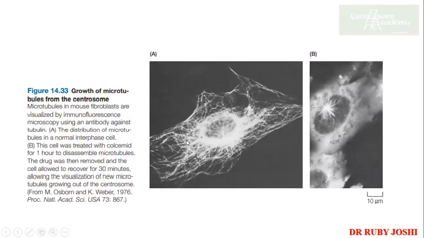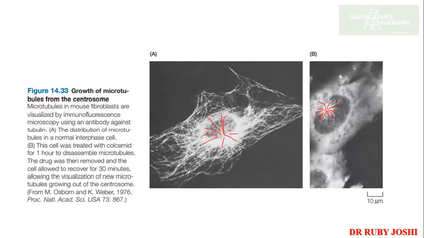Now here, if you see in this figure, this is a normal case where the microtubules are distributed throughout. So these lines, these are your microtubules. Whereas in this case, the cell is treated with colcemid. So here you don't see any extension. Like after 1 hour with the treatment of the drug, it just extended only this much. Can you see the difference?